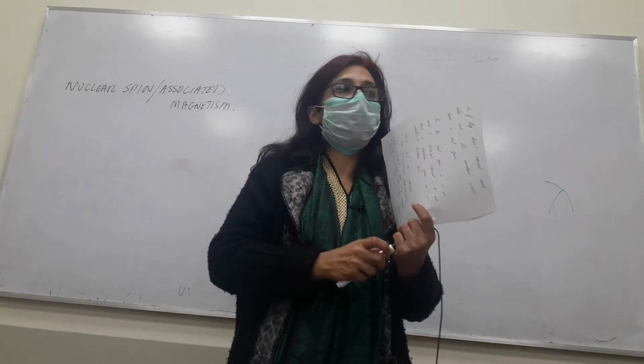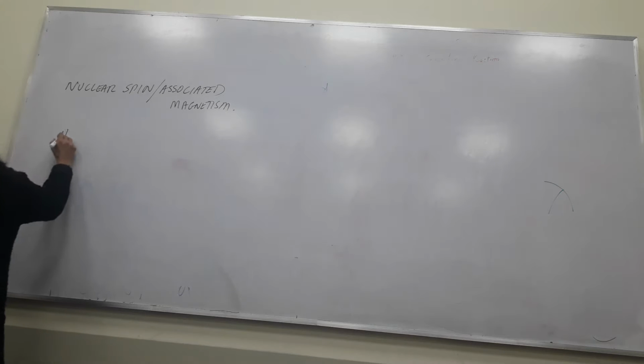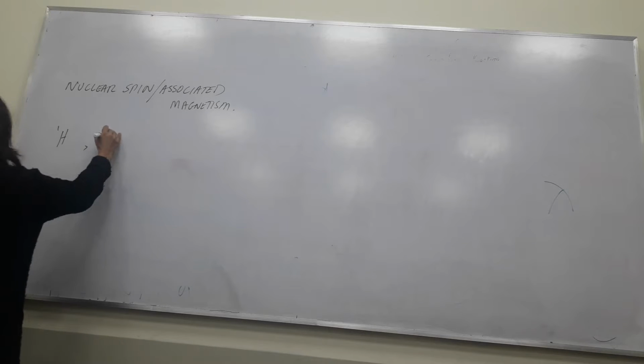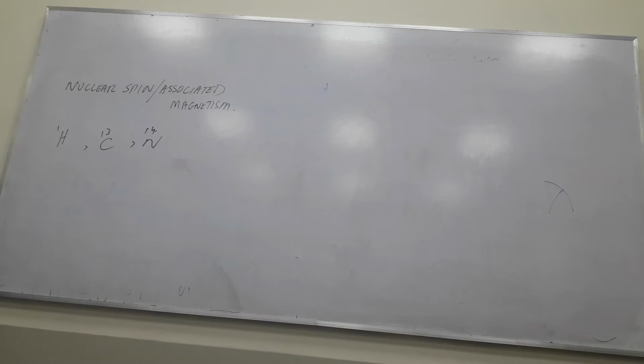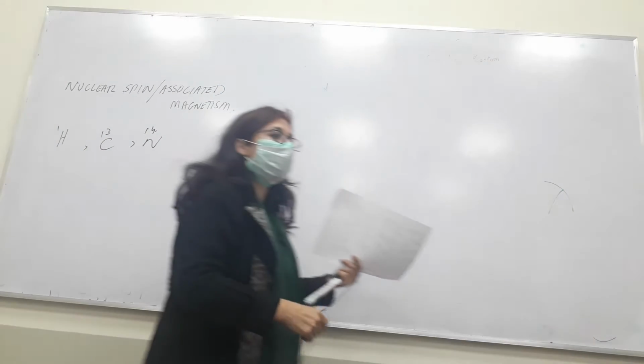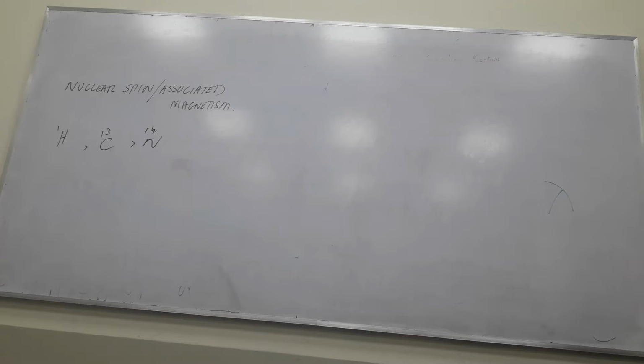Just like nitrogen, there are a number of nuclei that can have this property, for example hydrogen 1, carbon 13, or nitrogen 14. Another thing you will notice is that these nuclei are present in the human body, in biological matter, and hence the MRI and NMR signal is based on this property.